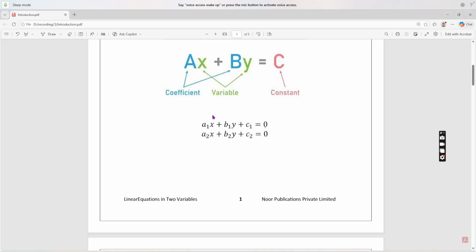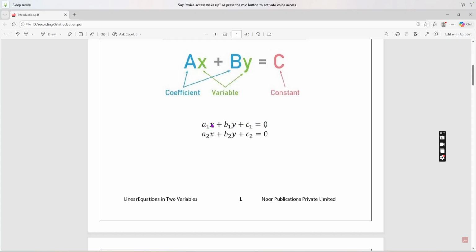Suppose the degree of x would be 2, then this equation would be called a quadratic equation rather than a linear equation. If the power of x would be 3, then this would be called a cubic equation rather than a linear equation.